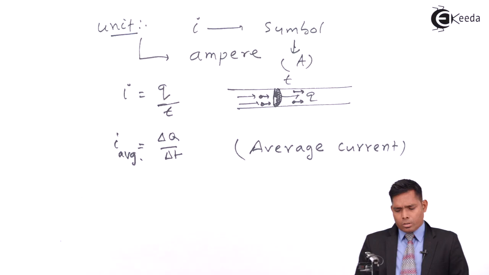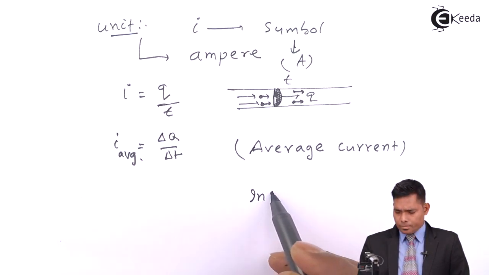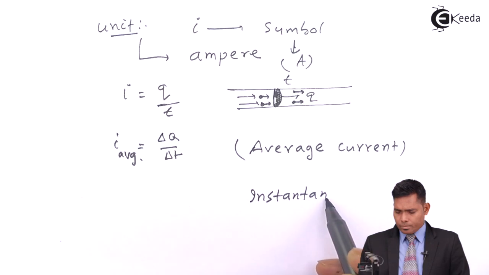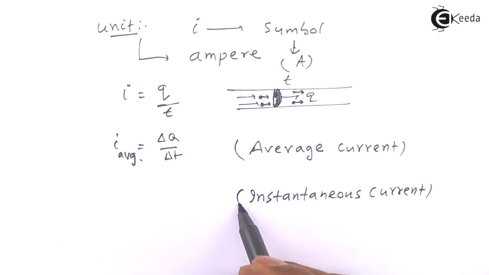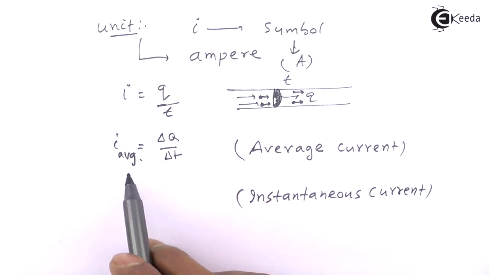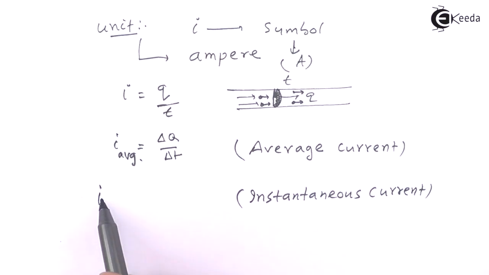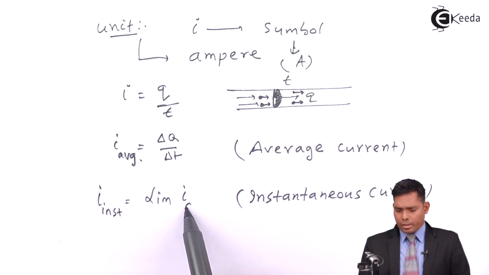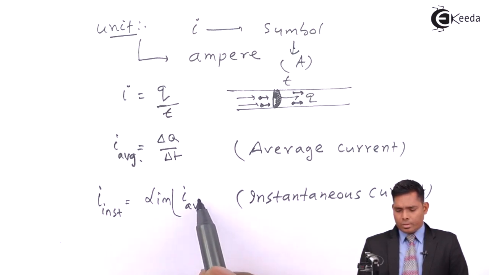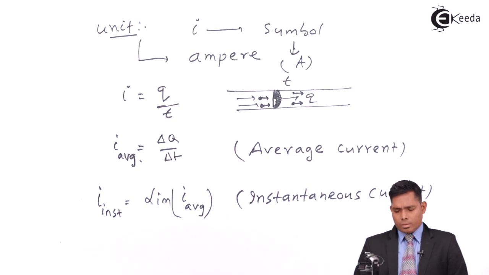If I want the instantaneous current, the instantaneous current is the limiting value of the average current.